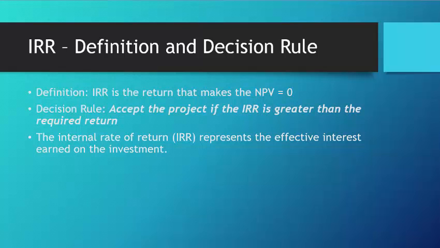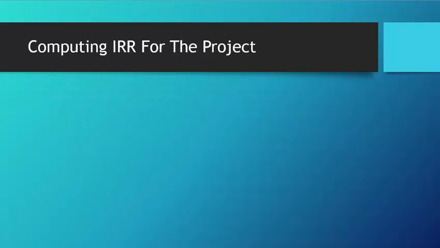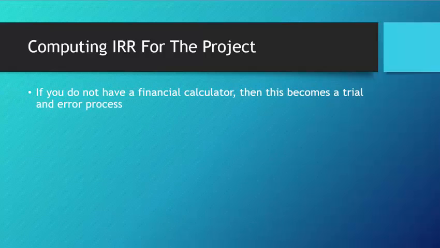At this point, let me tell you how we calculate IRR. To compute the IRR for a project, and here's the problem, we can't do this algebraically. You'd have to use a financial calculator or a computer. If you don't have a financial calculator, then it becomes an issue of trial and error.